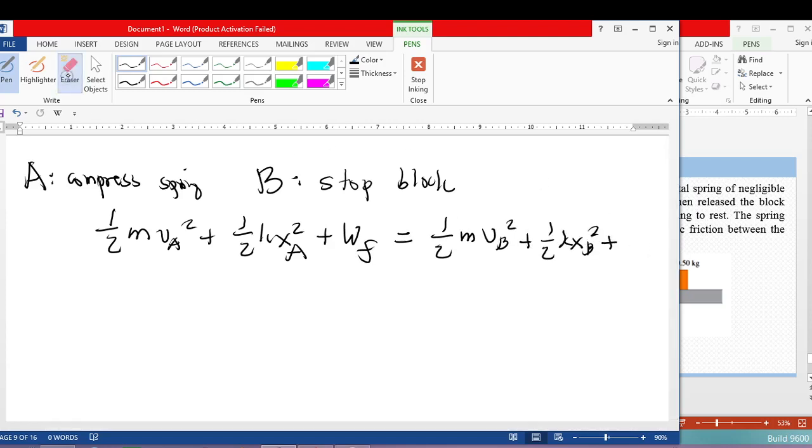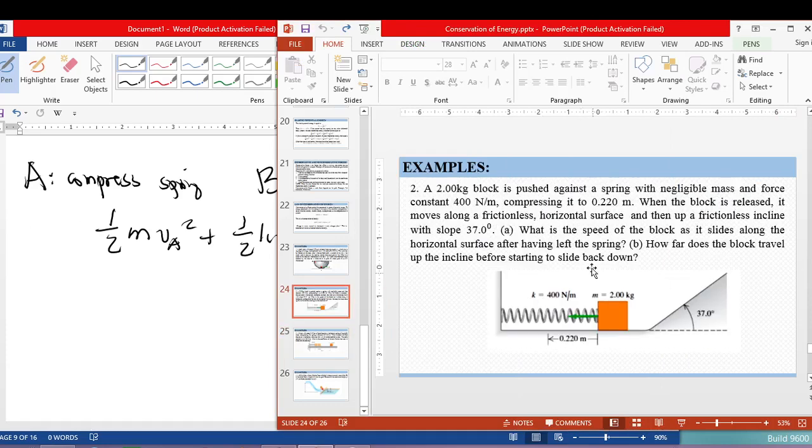Okay, so next you have to evaluate what energy is at point A and what energy is at point B. Of course at point A, it is compressed, right?